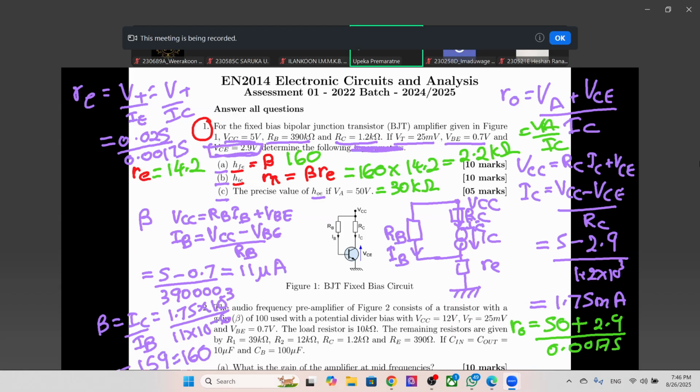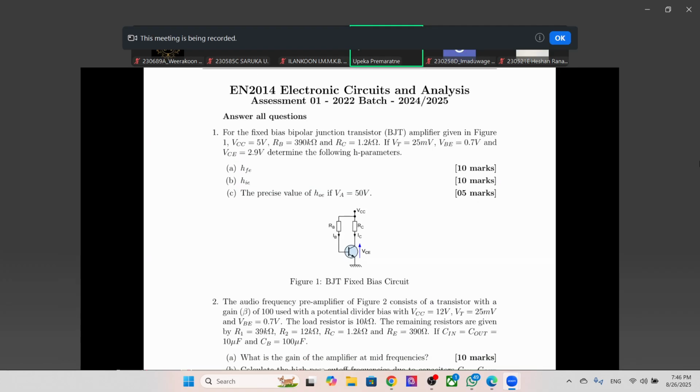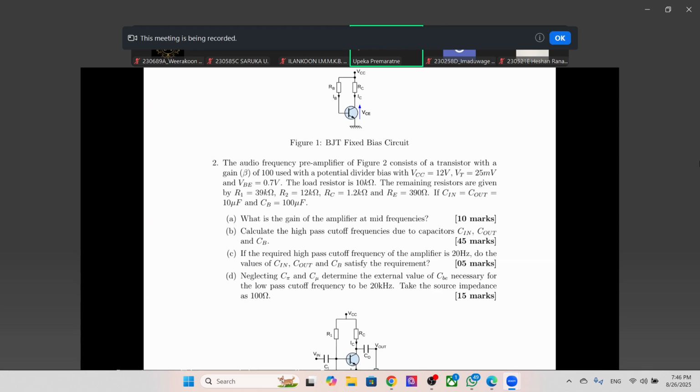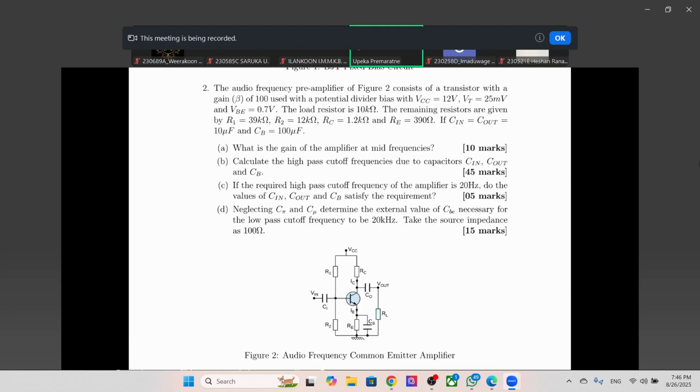Okay, so let's move on to the next question now. Here you're given the circuit, right? Remember, you don't have to memorize anything. All you need to know is the method of analysis. Number one, first rule: no need to memorize equations.